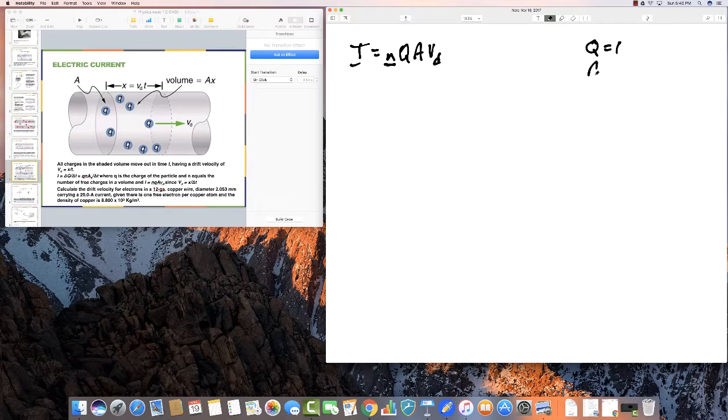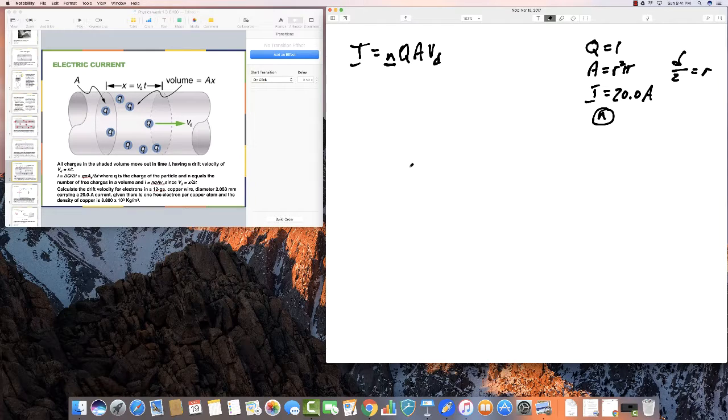A is going to be pi r squared, where r is one half of d. And v_d is what we're trying to calculate here. We know that I is equal to 20 amps. So the big question here is, how do you find n?